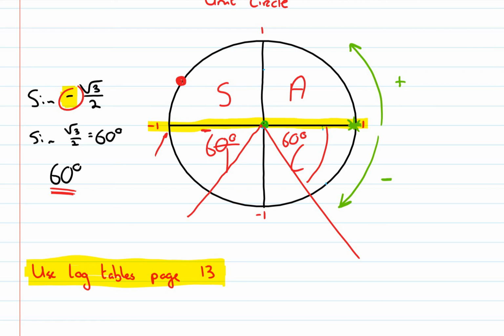So let's see what my answers are then. Remember, this was my reference angle. I used the root 3 over 2 to get my reference angle of 60. Then I looked here to see if it was positive or negative. It was negative. And then I used my reference angles to draw my angles in these quadrants.